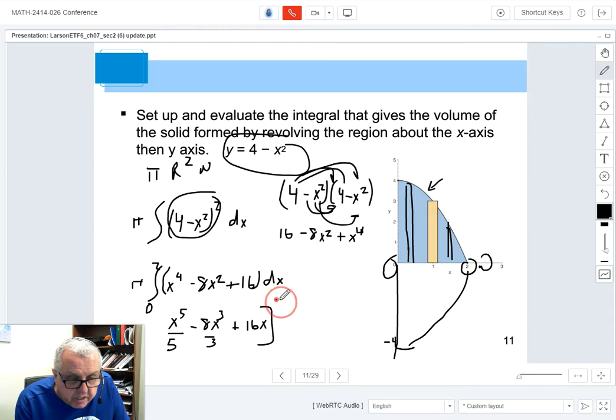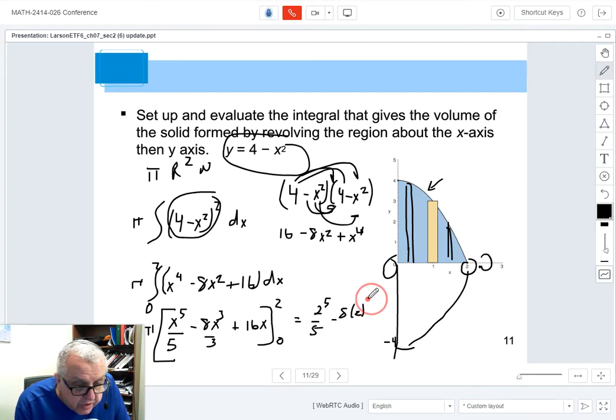And once again, we're integrating from 0 to 2. So first I'm going to plug 2 into the function. 2 to the fifth power over 5, minus 8 times 2 to the third power over 3, plus 16 times 2.